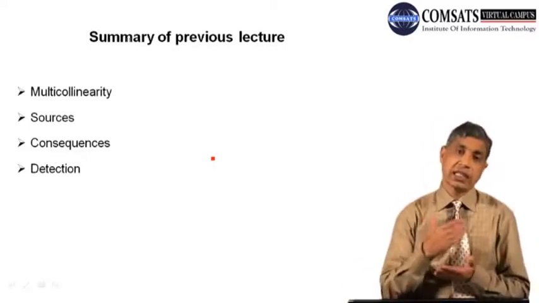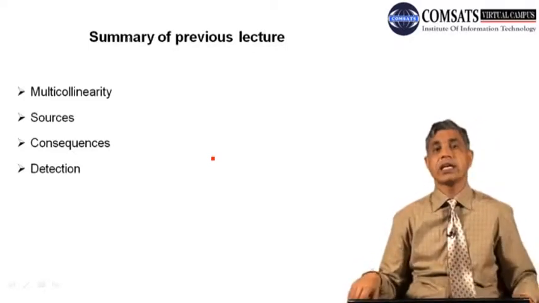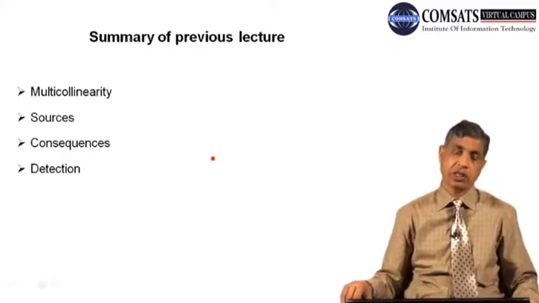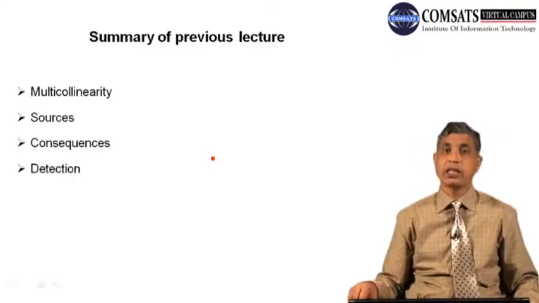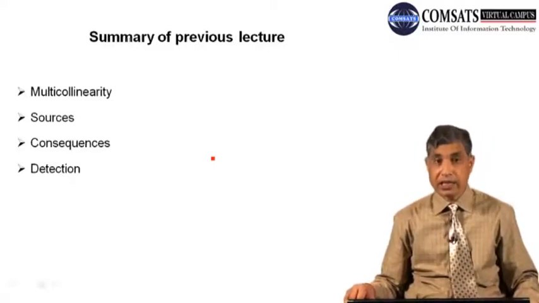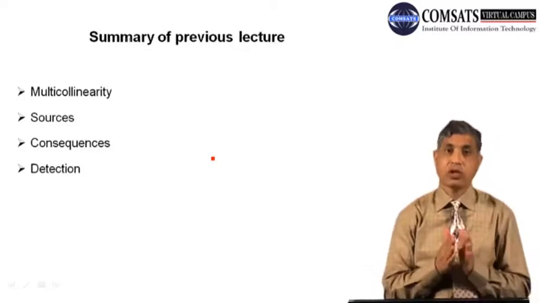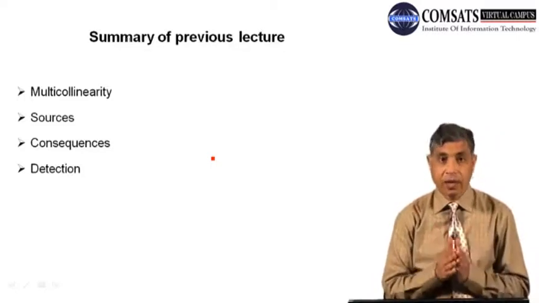But now we are saying that the collinearity is greater than 80% and less than 100%. In this case, theoretically no problem. Again, I repeat that the beta remains BLUE, but when you are working practically, now the problem arises.